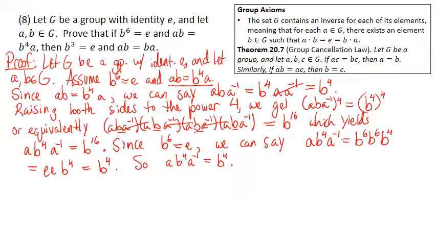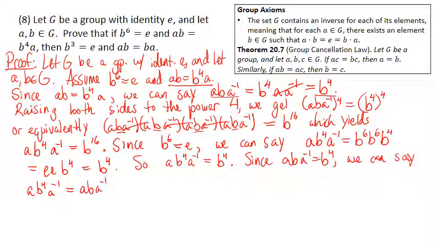Now remember that previously we also had that a inverse equals b to the fourth. So I'm going to use that. So since a inverse equals b to the fourth, we can say that a b to the fourth, a inverse equals a inverse.